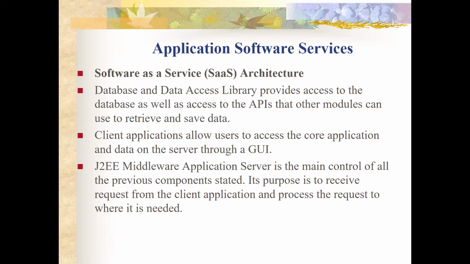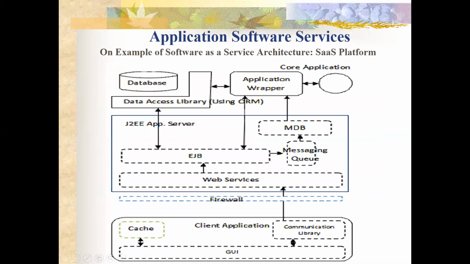The J2EE middleware application server is the main control of all previous components. Its purpose is to retrieve requests from the client application and process the request to where it is needed. So 4 pieces: client application, J2EE application server, core application including the application wrapper, and database.